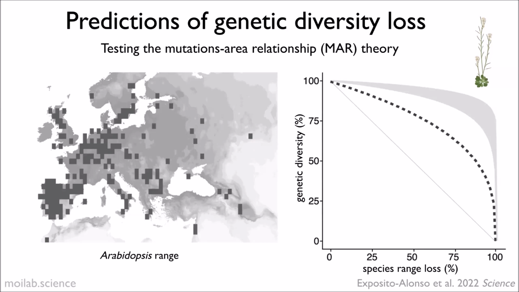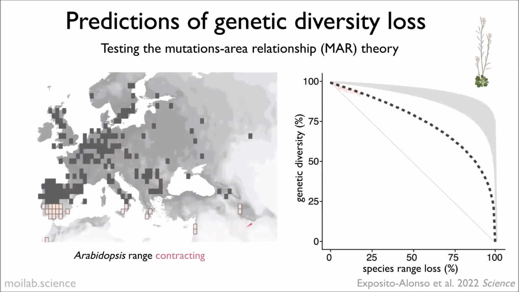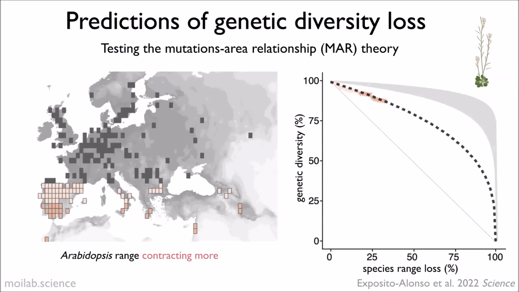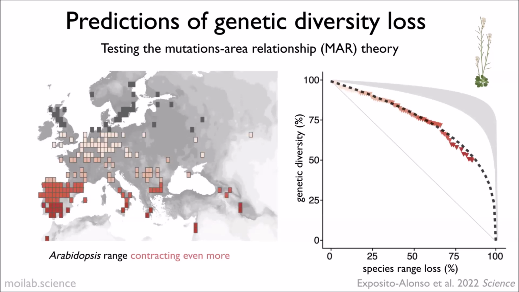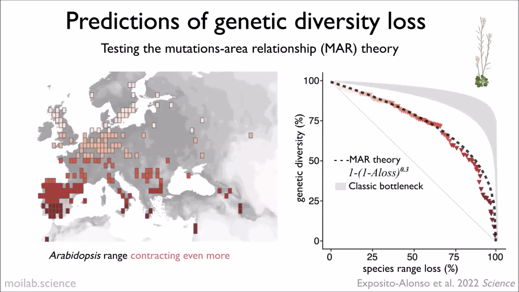And we can do this simulation where we remove populations from the southern edge and move to the northern edge of the species, and then track genetic diversity in the 1,001 genomes, how much it has been lost. So by doing this simulation, contracting more the geographic region of Arabidopsis, what we see is that this theoretical line, which is the dotted line, and it's an extremely simple equation, right?